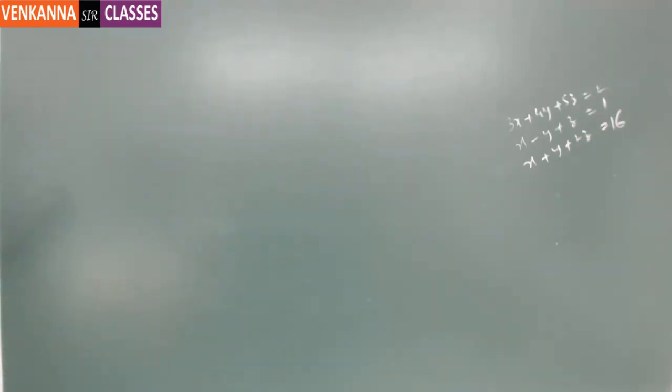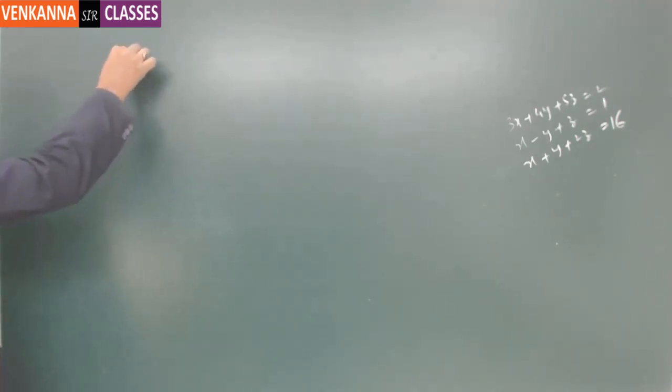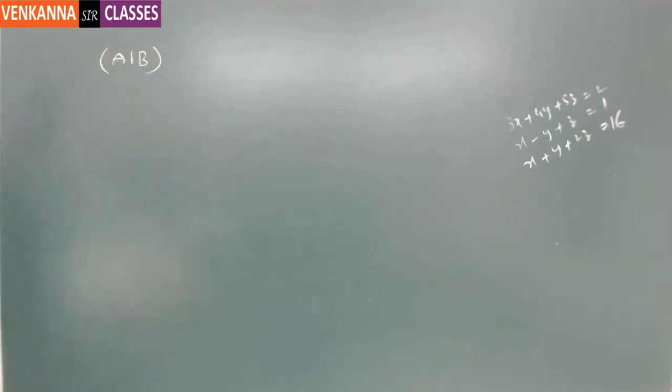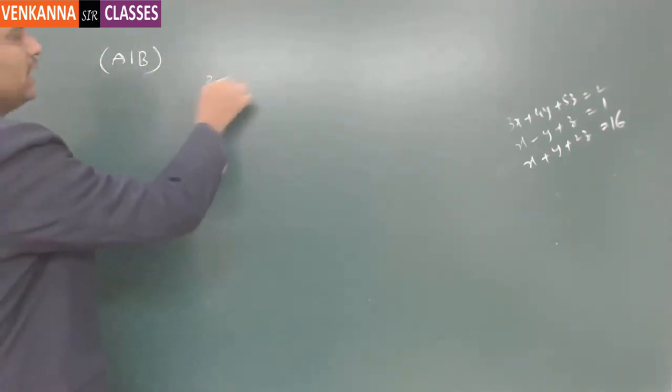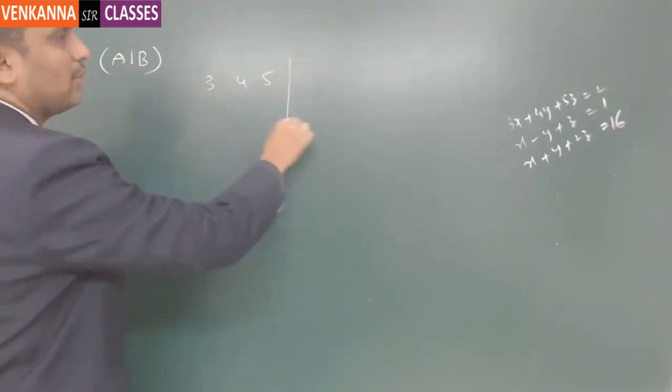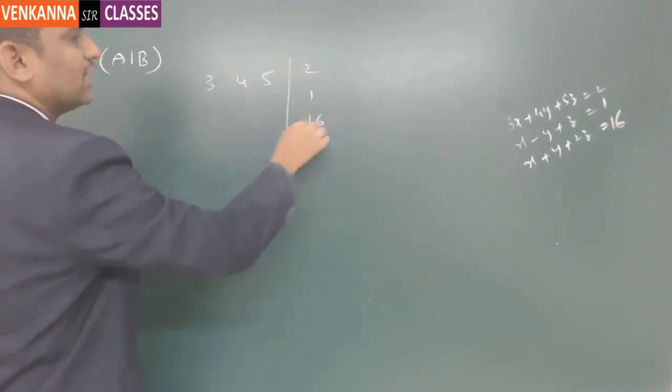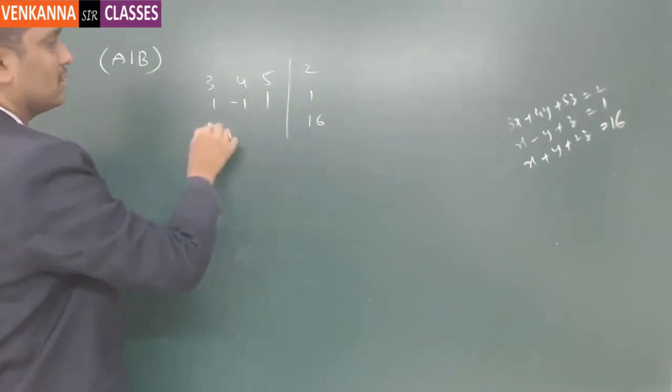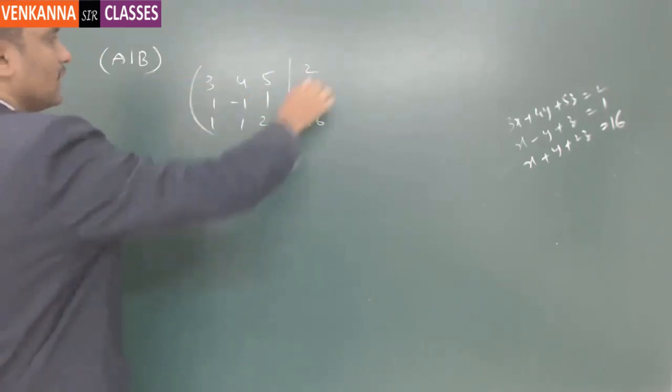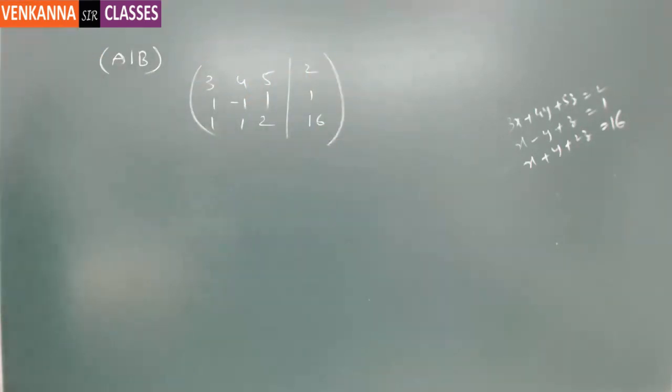For the Gauss elimination method, we consider the augmented matrix A by B, as per the previous case. So 3, 4, 5, oblique 2; 1, 2, 1, 16; 1, minus 1, 1, 1. This is our augmented matrix.